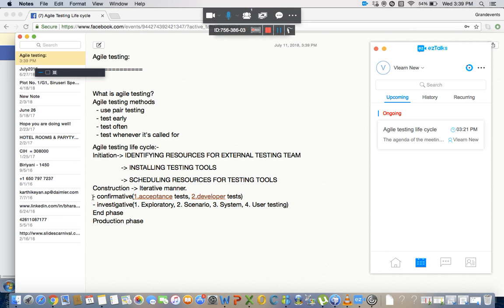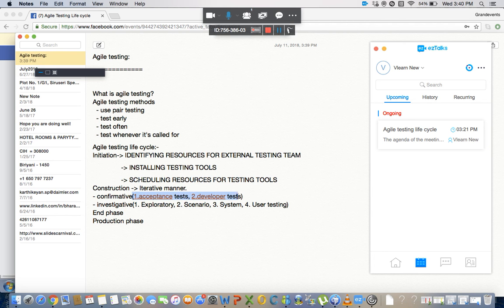Here we have two types of testing, which is confirmative and investigative test. The confirmative testing verifies whether the project fulfills the stakeholder intent by testing project verifications.